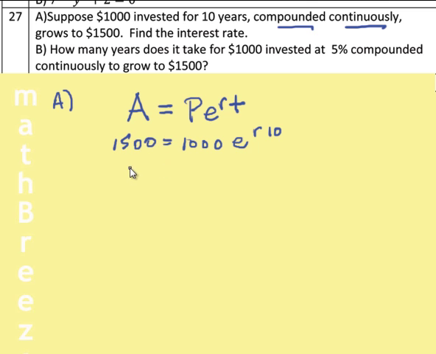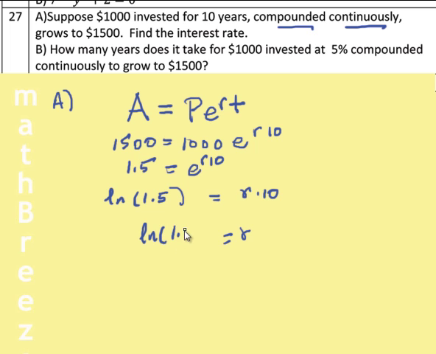Divide both sides by 1,000. Take the log of both sides, ln, let's say. And here we have the rate, ln 1.5 over 10. And that's equal to 0.04, or 4%.